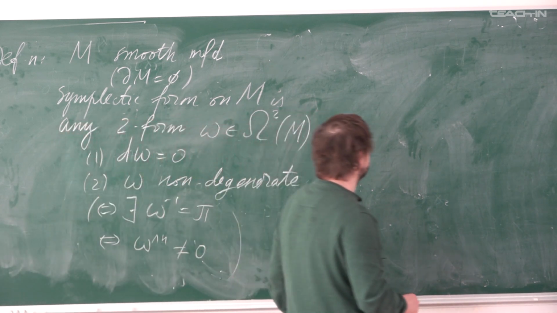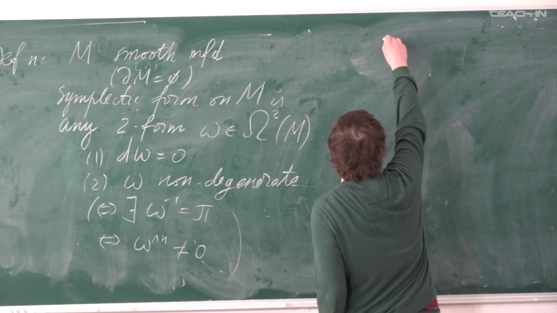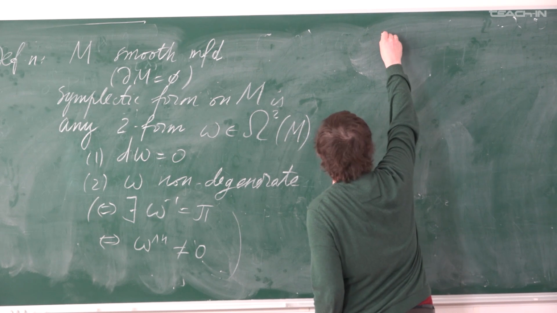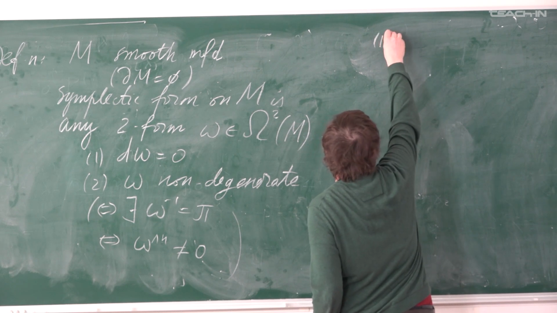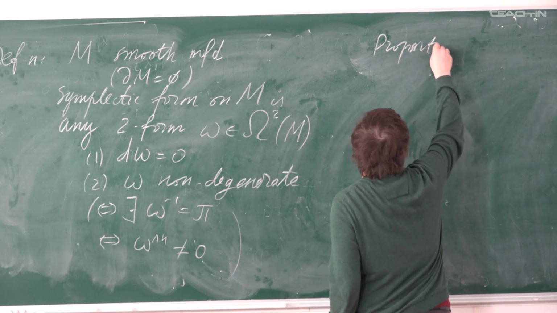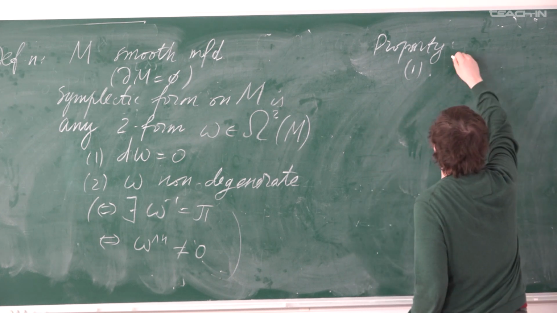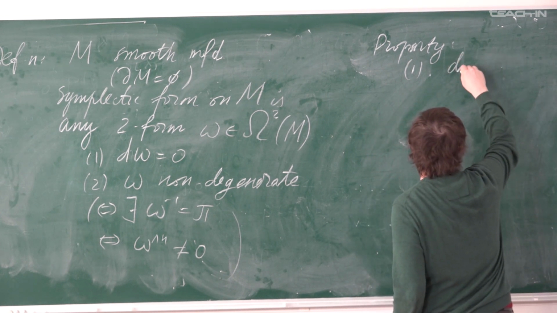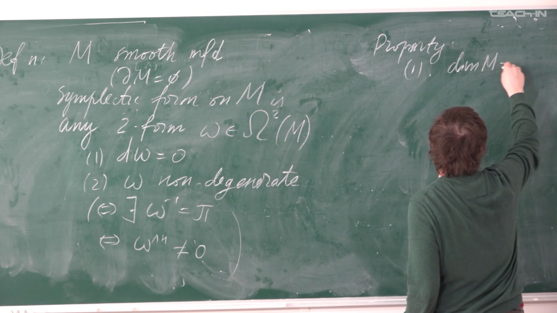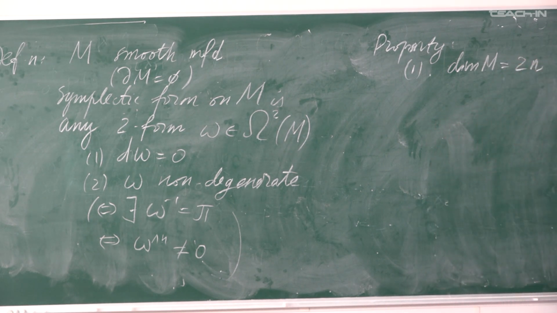So there are a few elementary corollaries which we can derive from this definition. First of all, we conclude that the dimension of M is even. Because when the dimension is odd, there cannot be non-degenerate symplectic matrices, right?